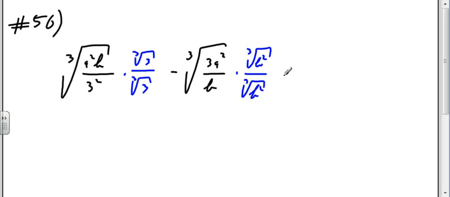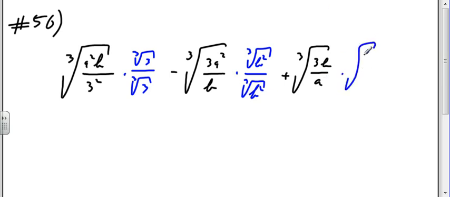Then I've got plus the cube root of 3b over a, and we're going to want to rationalize that denominator, so we'll go cube root. Oh, that was pretty silly. Let's be consistent. So we'll go cube root of a squared over cube root of a squared. And then I've got, what do I got? I got minus.